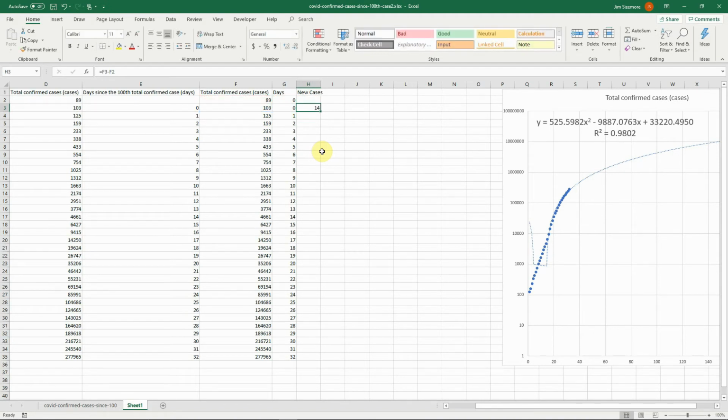And I can copy and paste that. That's why I went one period back, because I knew I was going to calculate the new cases. And we want to predict this. Come on. Did I copy this? I didn't. There we go.